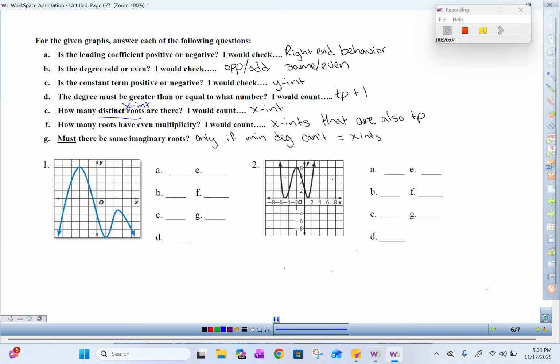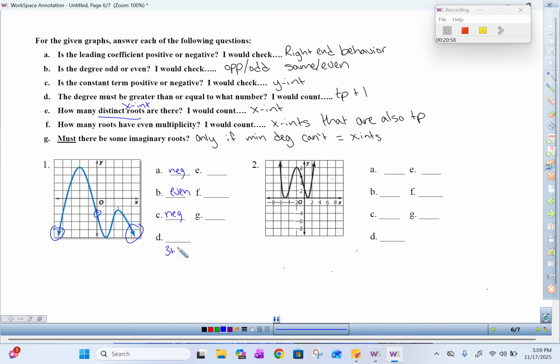So first step, right end behavior goes down, so this one's going to be negative. B, they are both going down, so that is even. The y-intercept right here is below the x-axis, so it's negative. The degree must be greater than or equal to what number? We're supposed to count turning points plus 1. So there's 1, 2, 3.